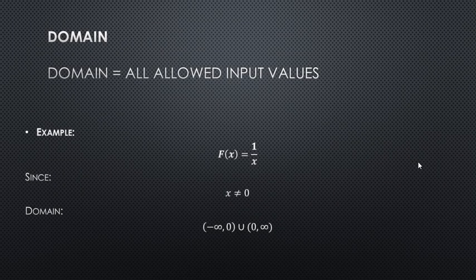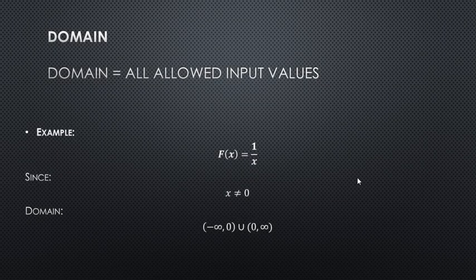Now we come to one of the most important concepts, domain. The domain of a function is the set of all input values that are allowed. In other words, we ask which values of x can we actually put into the function. Consider the function 1 over x. We know the division by 0 is undefined.